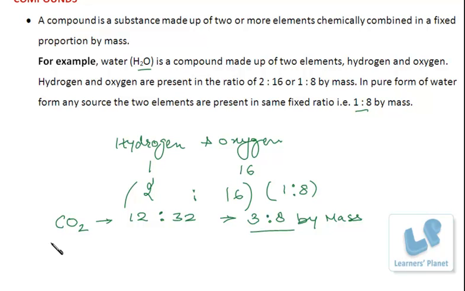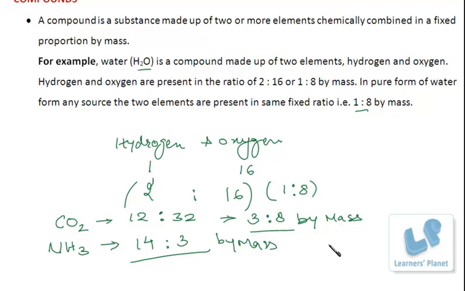We can take another compound also. Say I'm taking NH3, ammonia. What is the mass of nitrogen? It is 14. What is the mass of hydrogen here? It's 3. So in ammonia, nitrogen and hydrogen combine in a fixed ratio of 14:3 by mass.